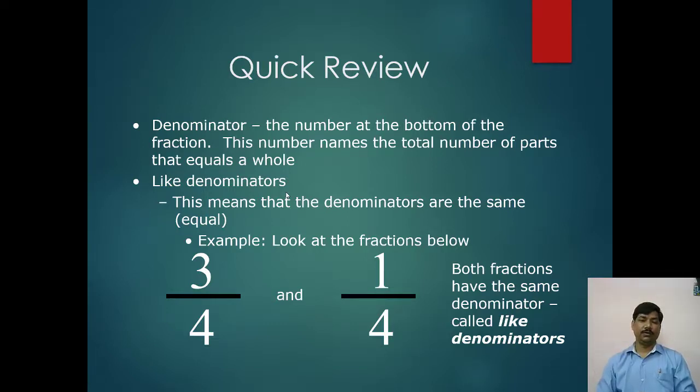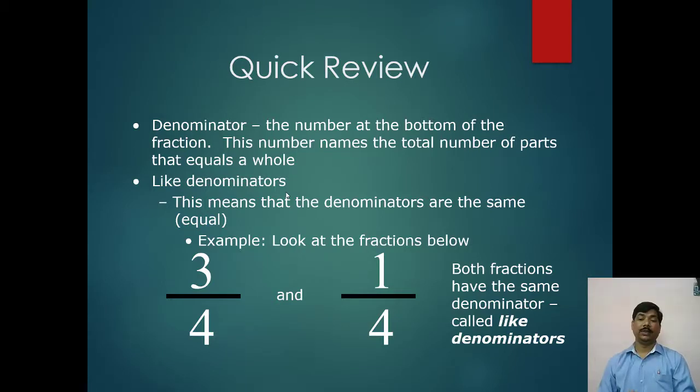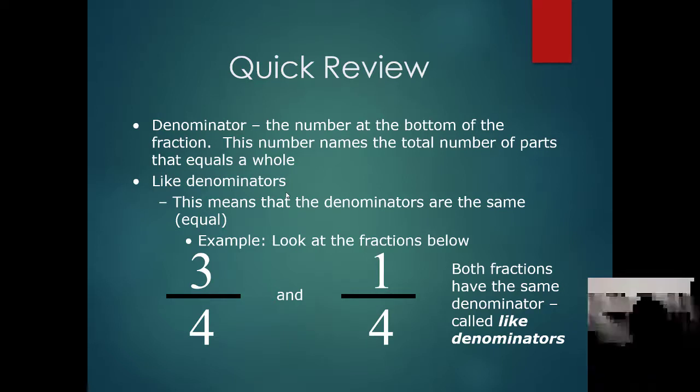For example, look at the fractions 3 upon 4 and 1 upon 4. Both fractions have the same denominator. That's why they are called like fractions, or fractions with like denominators.